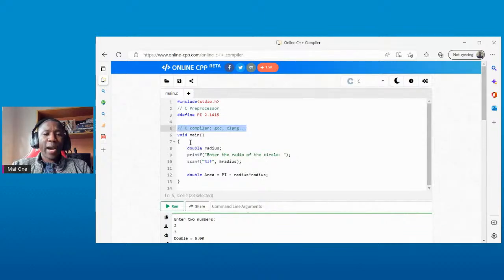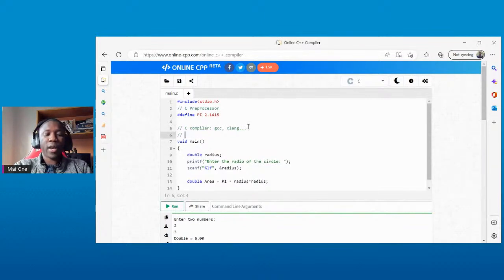After you compile, the code is going to be translated into assembly. Then you have the assembler. The assembler is going to convert the assembly code into object code. Yeah, this is an object, and the object is going to be linked to machine code.